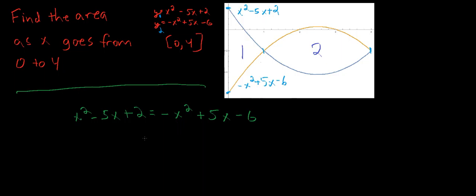So we got x squared, all this equal to that. Let's go ahead and subtract one side from the other. So I add x squared to both sides, I get 2x squared. I subtract 5x from both sides, I get minus 10x. And I add 6 to both sides, and I get plus 8 equals 0.